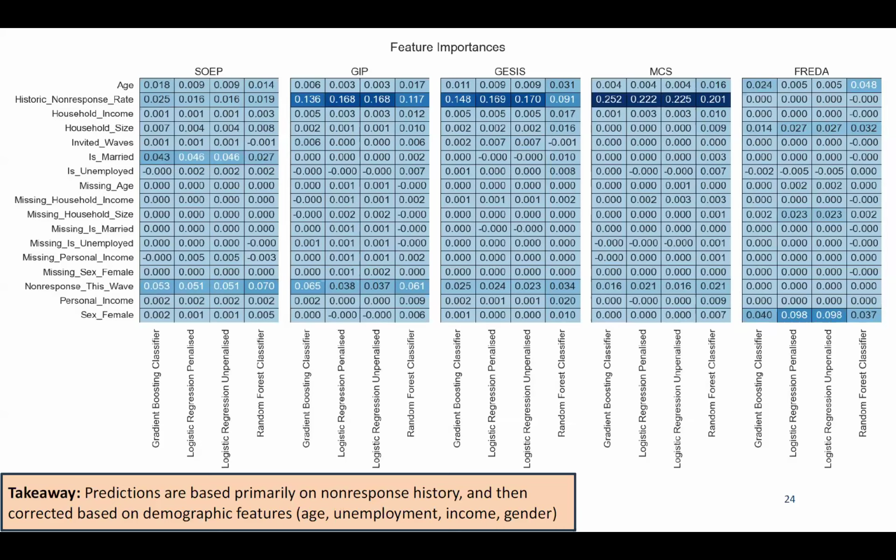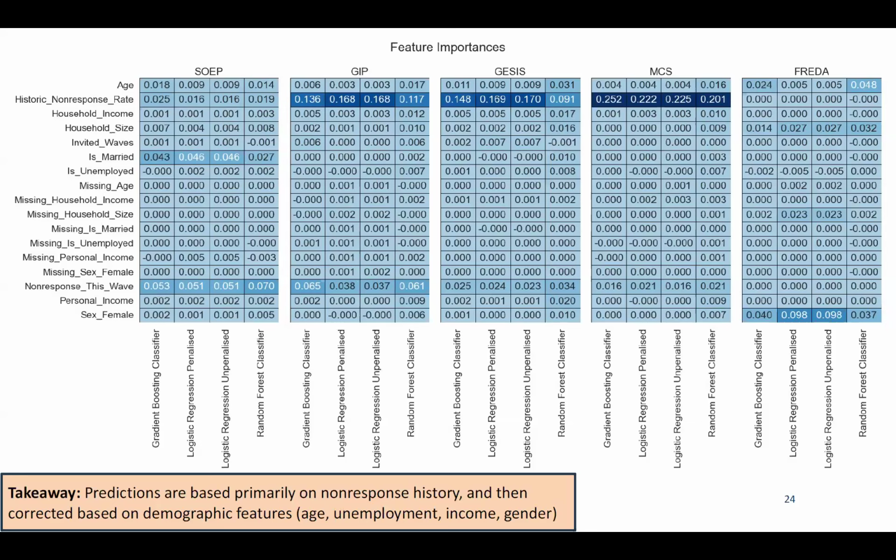It essentially failed as a model, and therefore we shouldn't care too much what its feature importances are. Also, Frida was only trained on some early waves, so there wasn't really any non-response history to use, explaining both why it doesn't rate it as very important and why it didn't do very well.